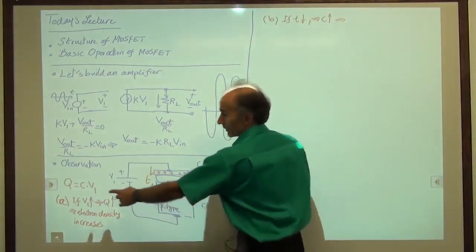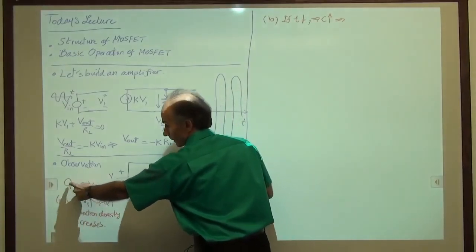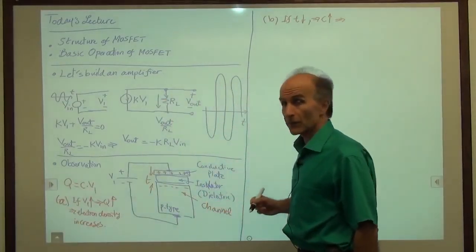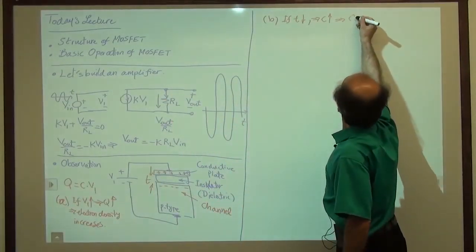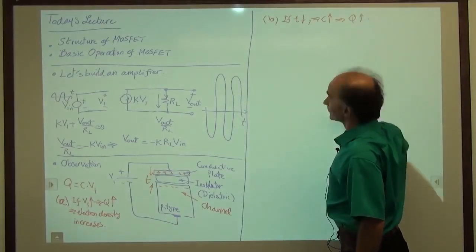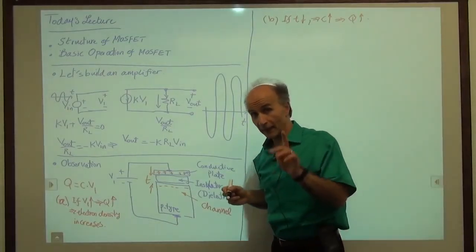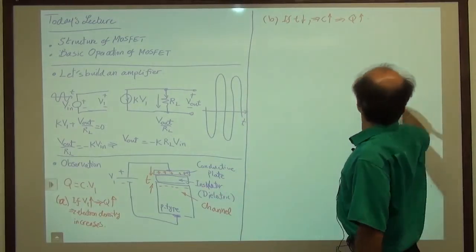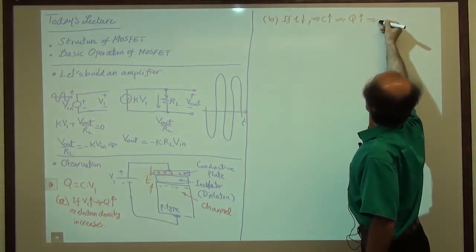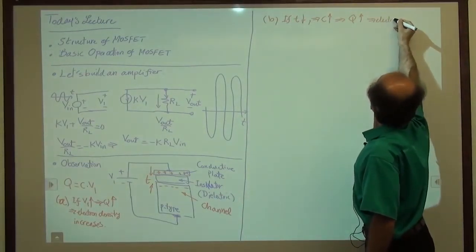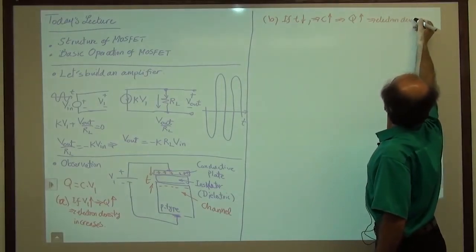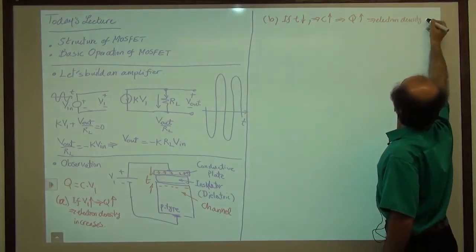If the capacitance increases and the voltage is constant, what happens to Q? Q also increases. And that means that the electron density increases. So electron density in the channel also increases.